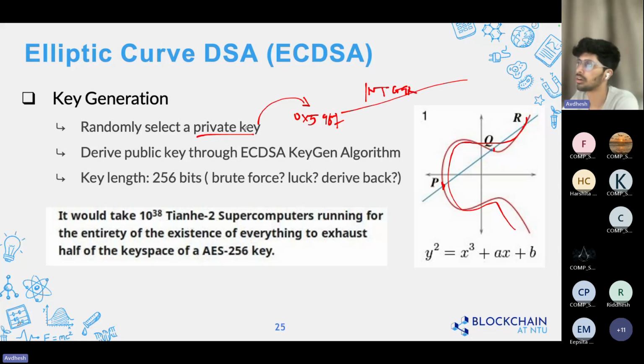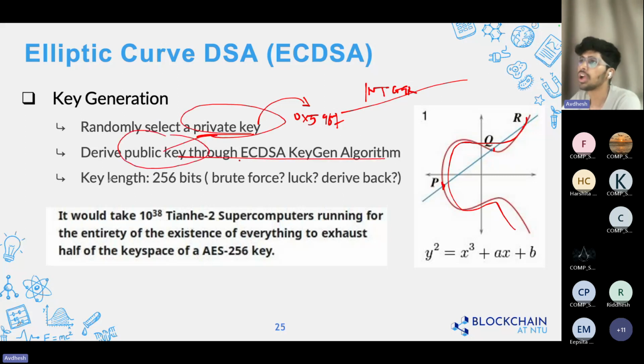It's a very complex algorithm of elliptic curve that creates private keys and public keys. So the private key is used to generate the public key, as I said. The key length of a public key or a private key is 256 bits.